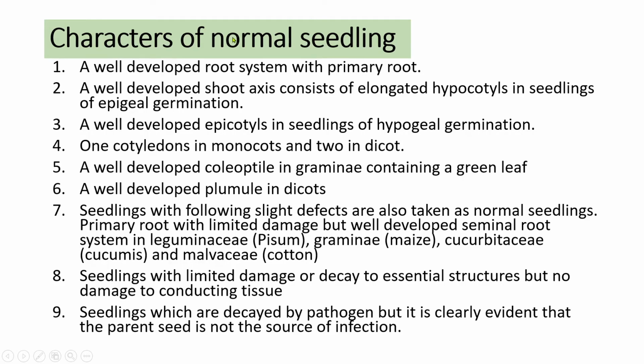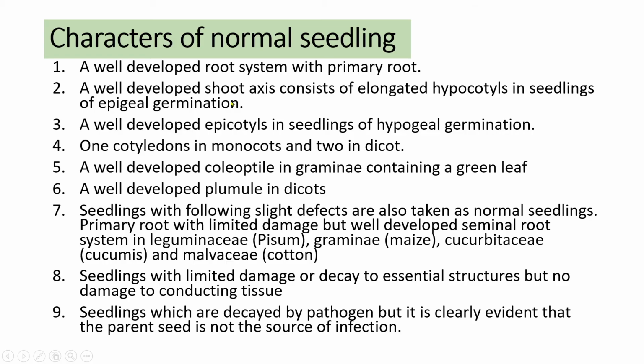A normal seedling should have a proper root, usually a primary root, and this does not apply to crops such as rice because it has a fibrous root. For crops where a taproot system is there, a proper primary root is necessary.